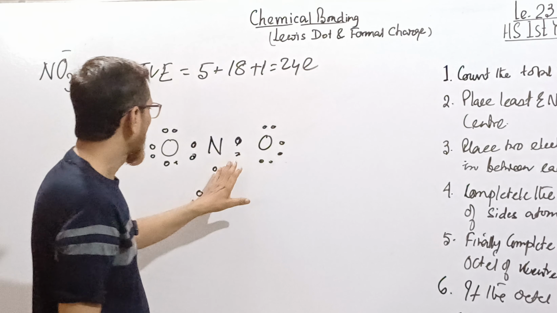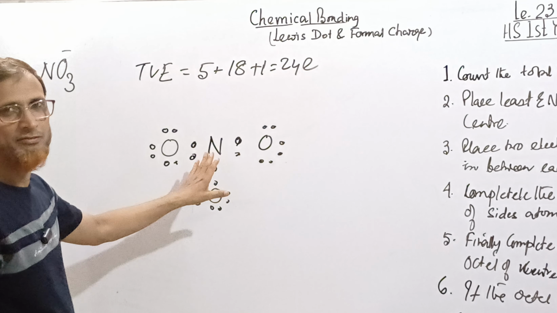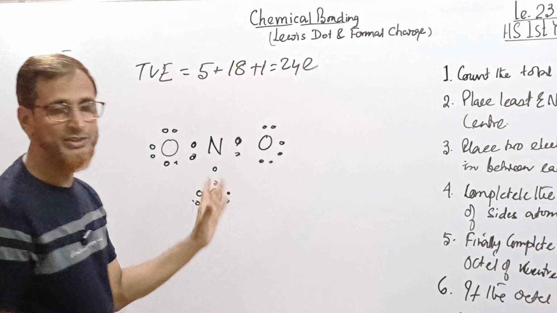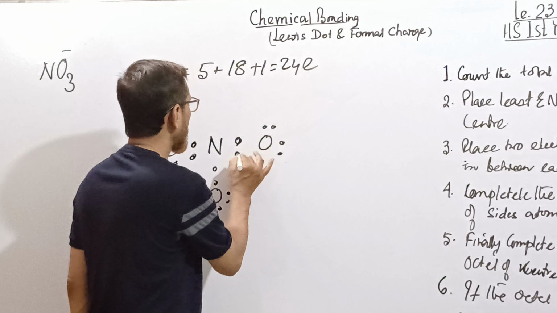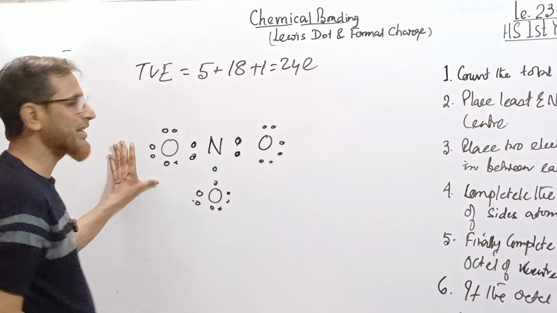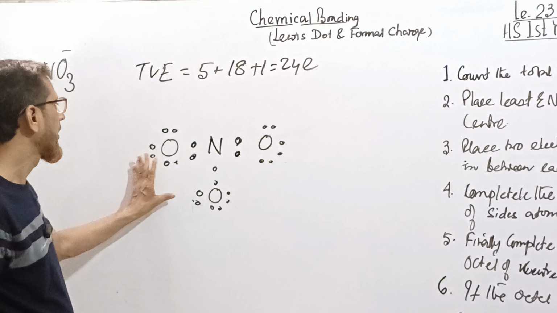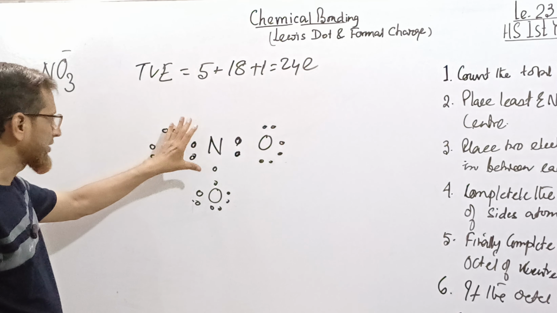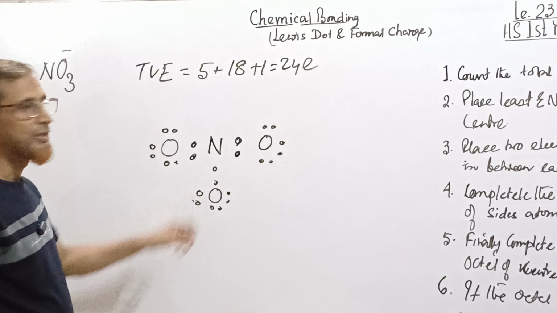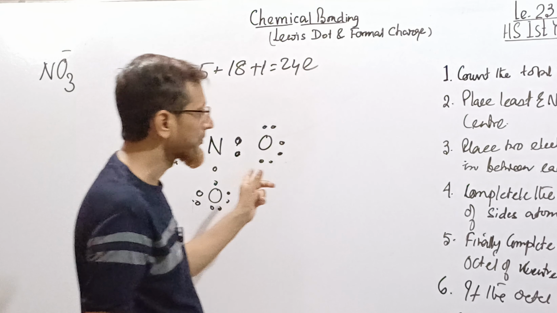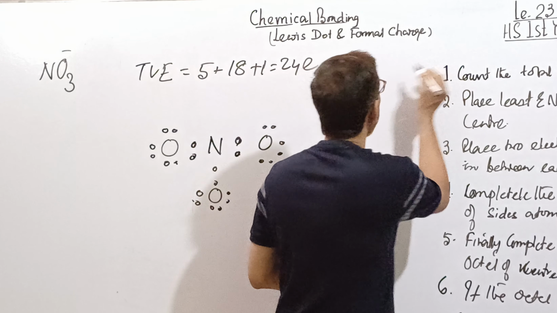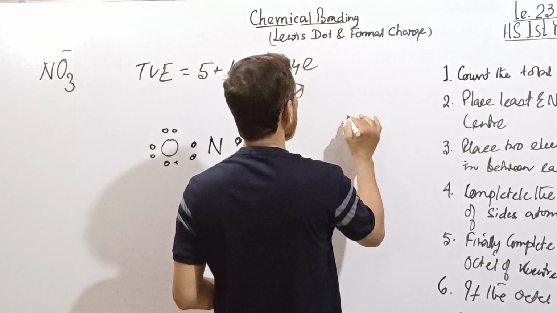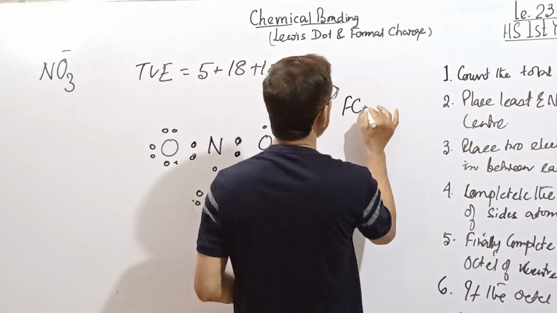But it may not be a concrete and final structure. So let us check, now what is the criteria? See, what will be the exact probable Lewis dot structure of NO3 negative. So by some way this is a structure, then we should consider the formal charge.